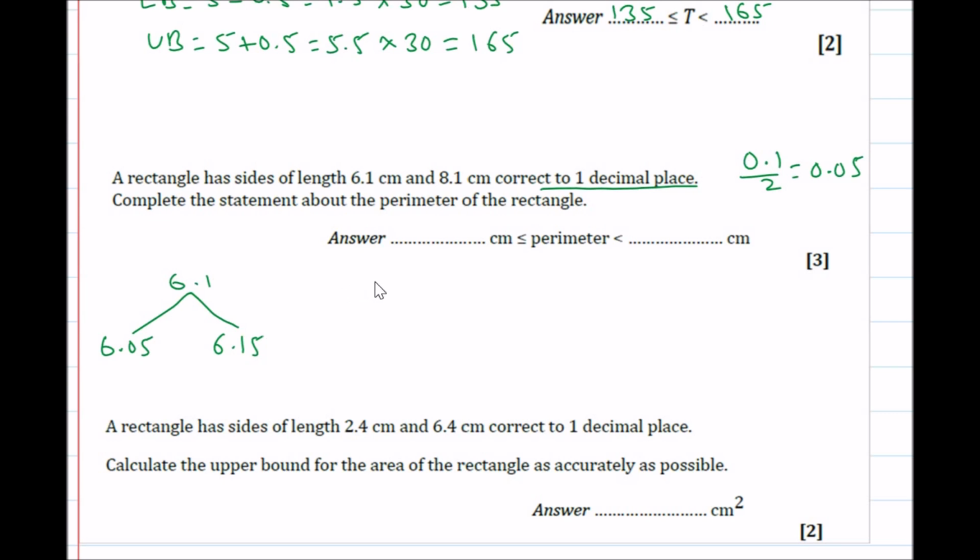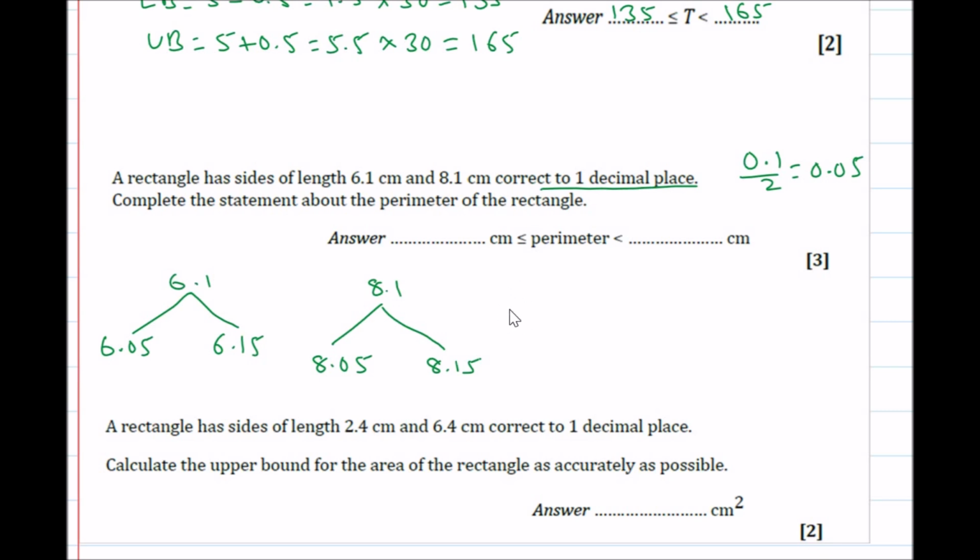Now for 8.1, let us find similarly. So it will be 8.05 and 8.15.